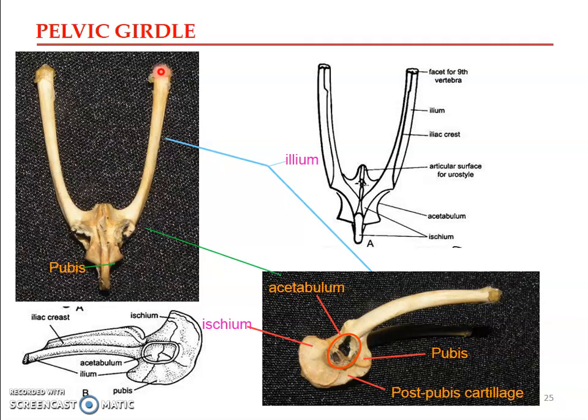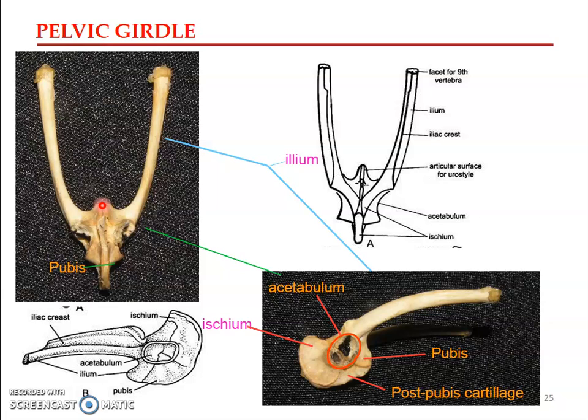The extreme end of the transverse process has the iliac crest for articulation with the iliac portion. Here you will find the urostyle, and you can see the articular surface for the urostyle. The tip of the urostyle rests over here. This is how the placement is.